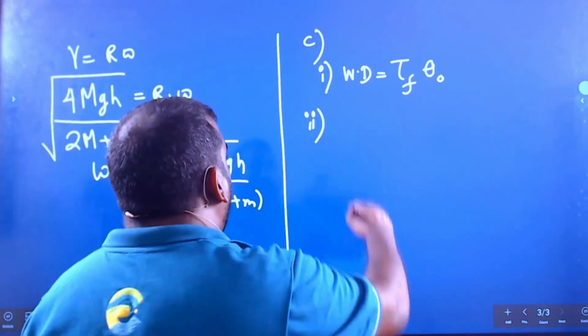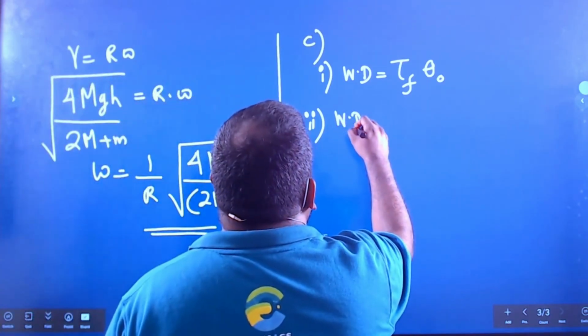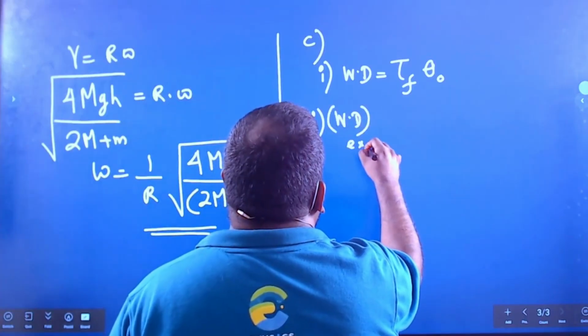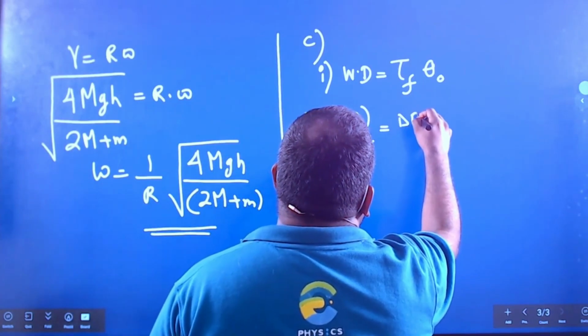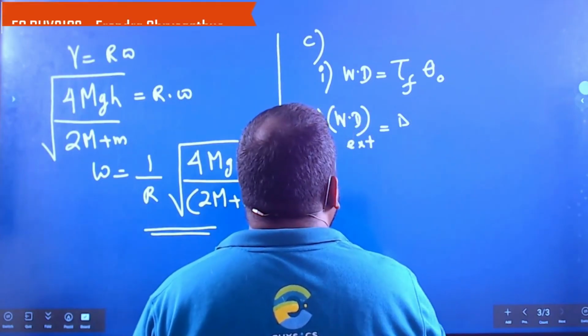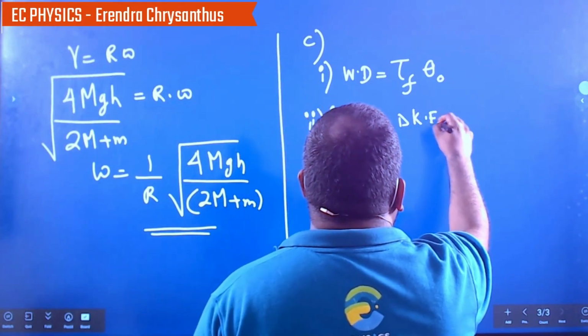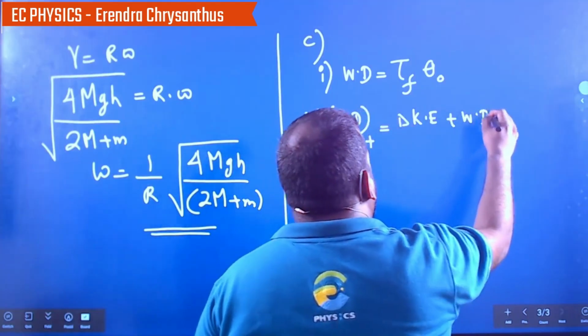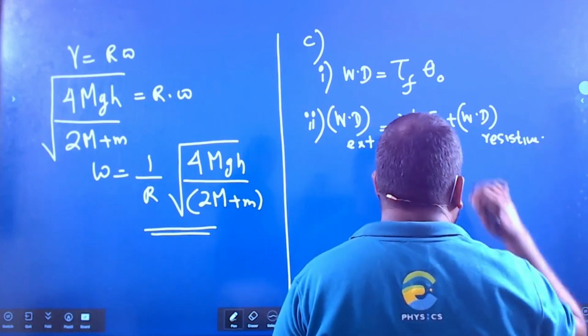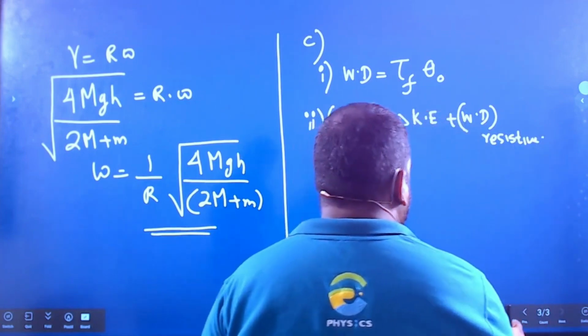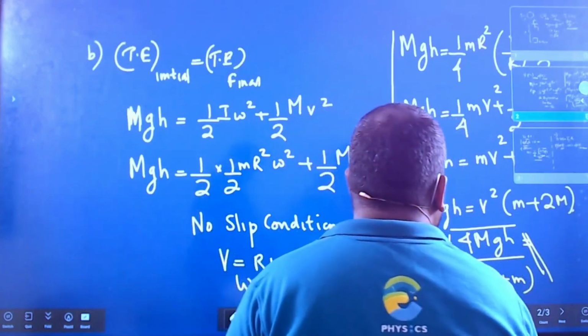Right. Now we can apply the work energy principle. Work done by external force or torque equals increase in kinetic energy plus work done by resistive forces or torques. Look at this carefully.